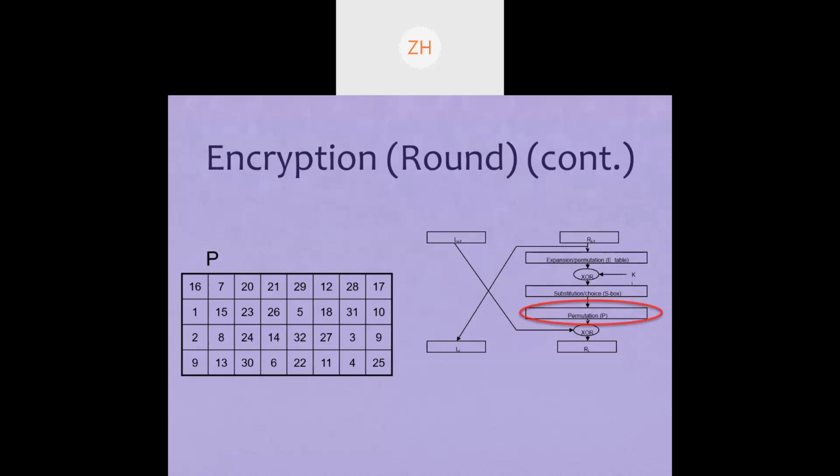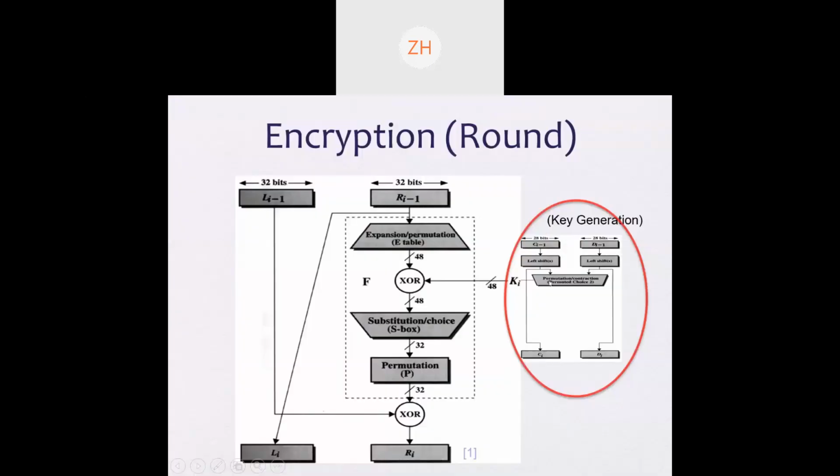Alhamdulillah. So after the permutation, we finish one function in that particular round. The output from the function itself, as you can see, you will XOR with the left hand side, like the Feistel block cipher.